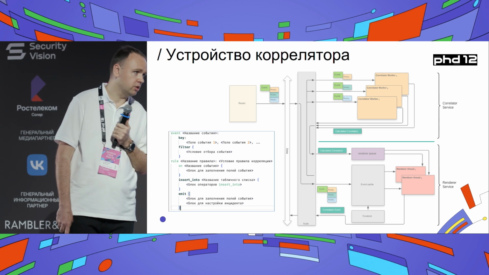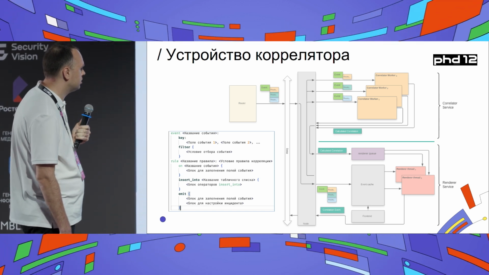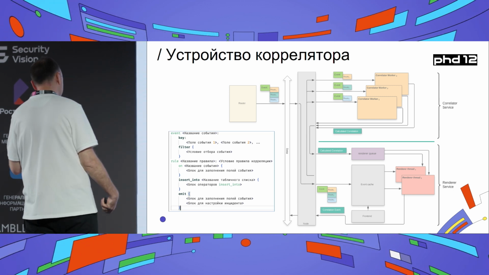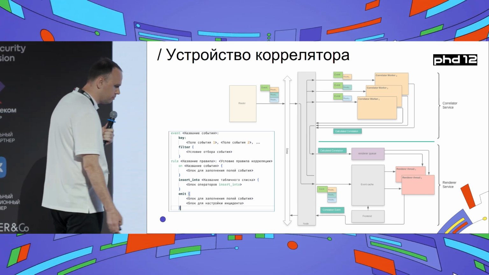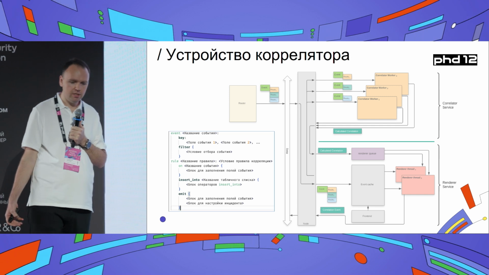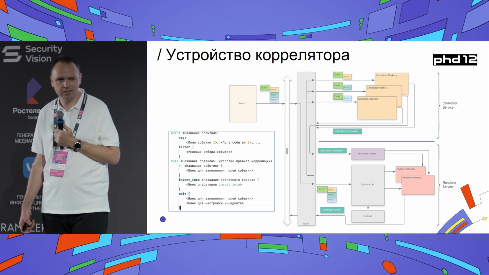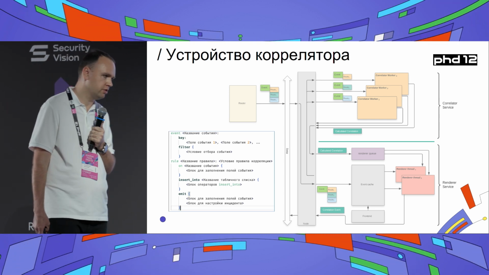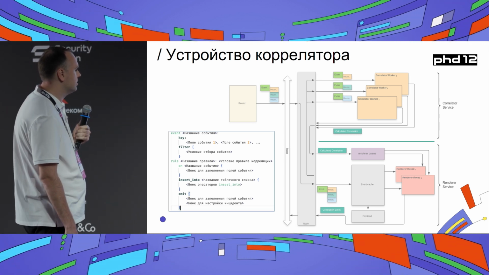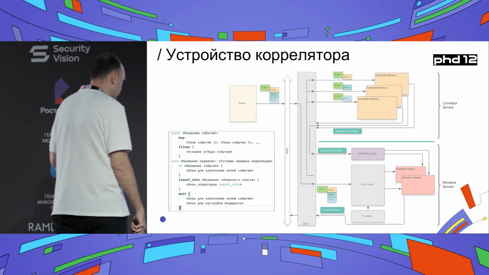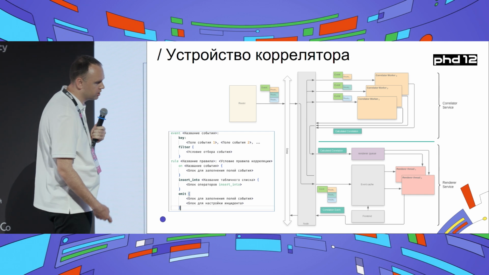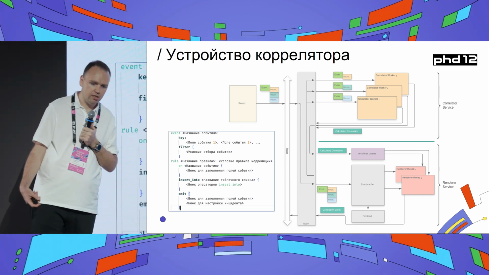And now, when we reuse the correlator in multiple products, the correlator must be resilient to various scenarios. In a larger system such as SIEM, you have quite a lot of hardware and high-performance flows, but there might be other scenarios as well.